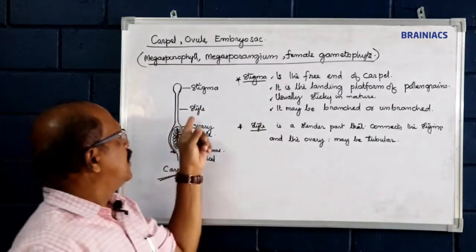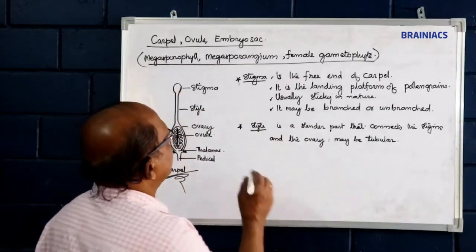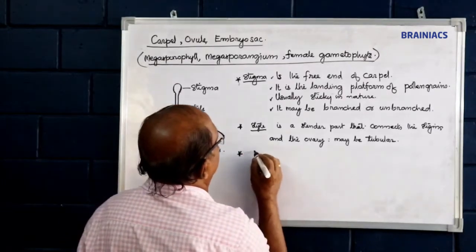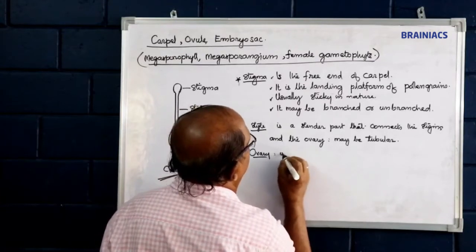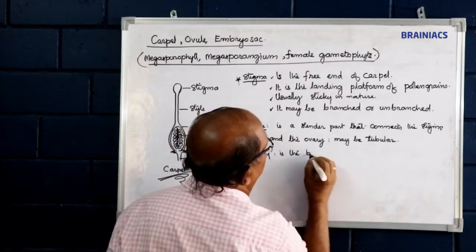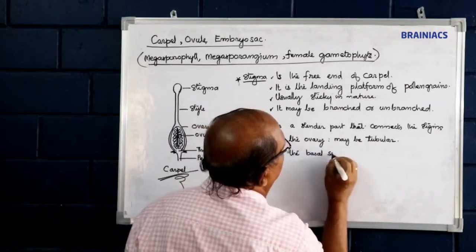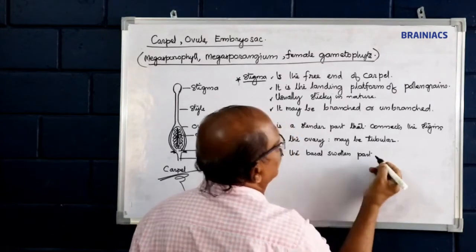See, this is style connecting stigma to ovary. Then ovary is the basal swollen part of carpel.